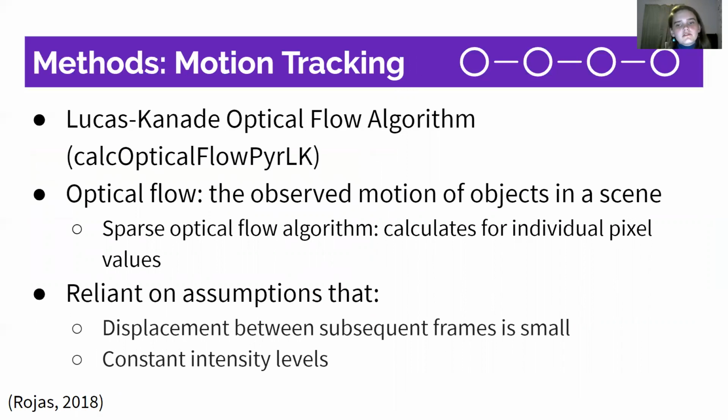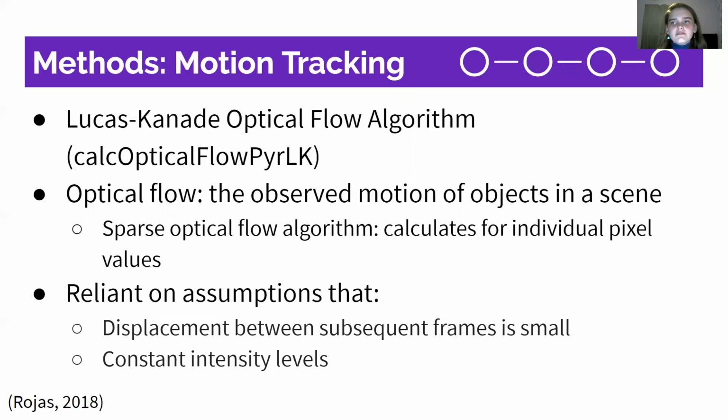That is the observed motion of objects in a scene, specifically their motion vector between frame A and frame B. It's also reliant on assumptions that the displacement between subsequent frames is small and the pixel that we're tracking maintains a constant intensity value, which means that if you were to grayscale an image, from frame A to frame B, that pixel would have the same color value, which is its intensity in a grayscale image.